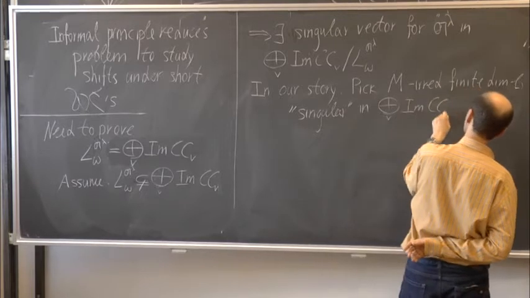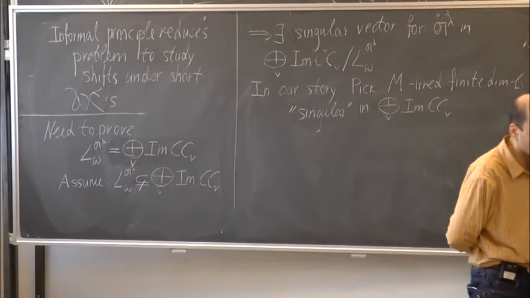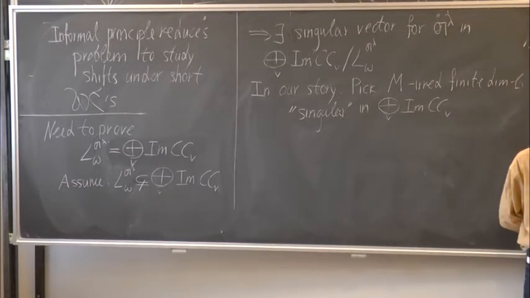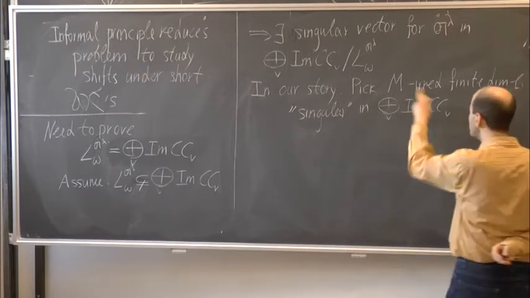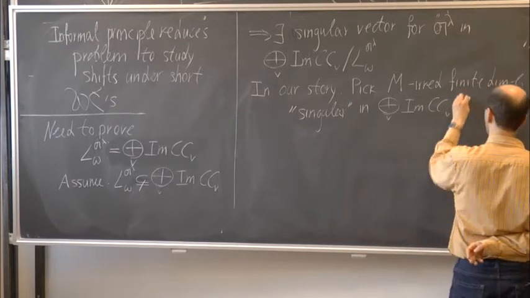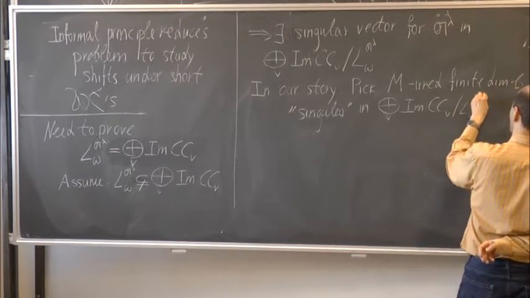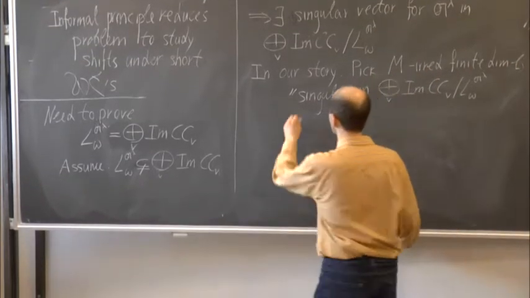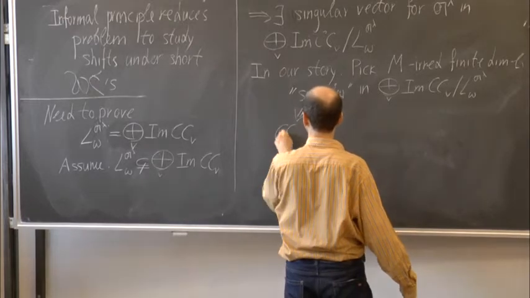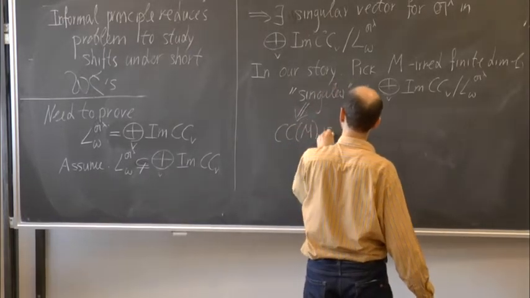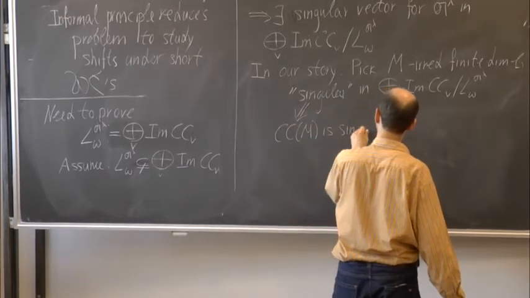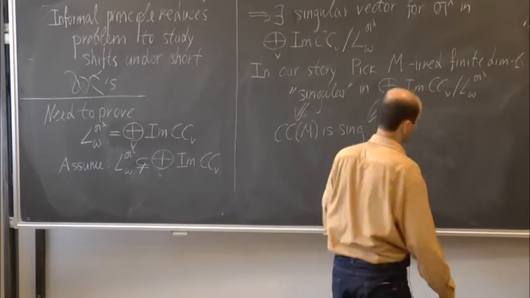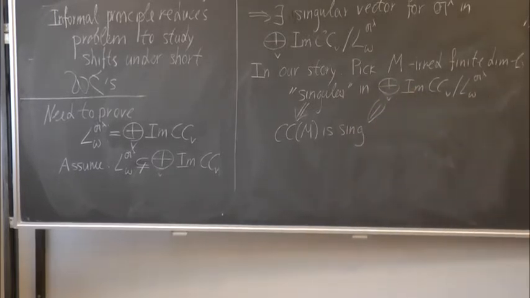In particular, this would mean that the characteristic cycle of this object will be singular, but this means more. So one needs to use a more technical definition. So basically, this would mean that CC of M is singular. But again, the definition is more technical than this.